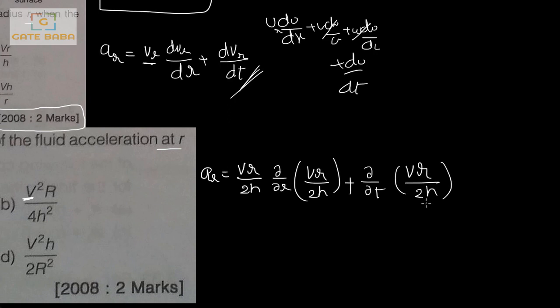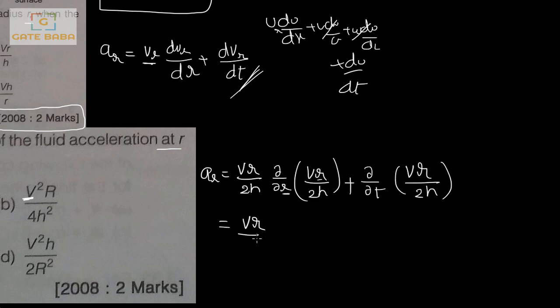Here the confusion comes because two variables are there, radius and height. If you are differentiating with respect to radius, what do you take as the variable and what as the constant? It is very clear: with respect to radius, r is the variable and h is constant. Okay, the first confusion is over.